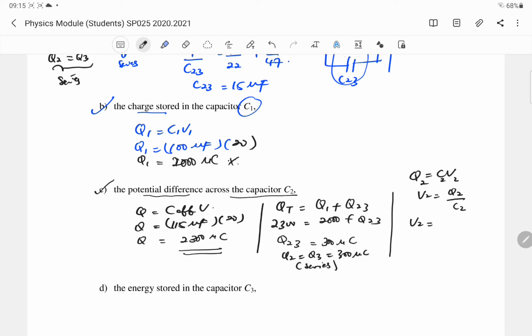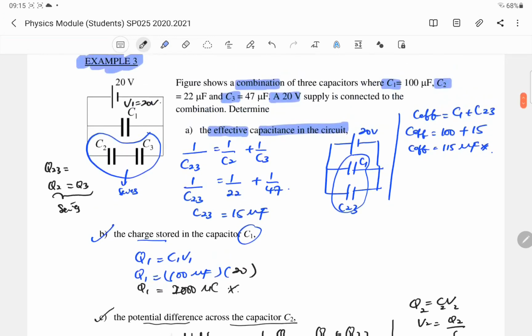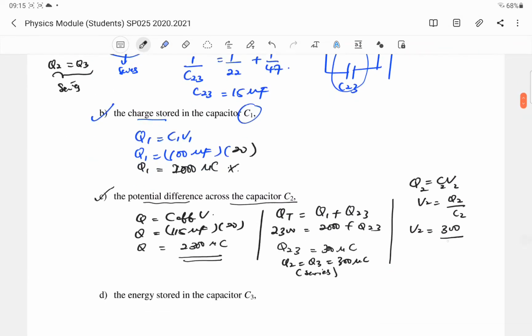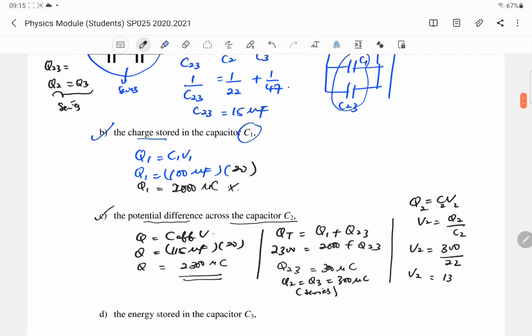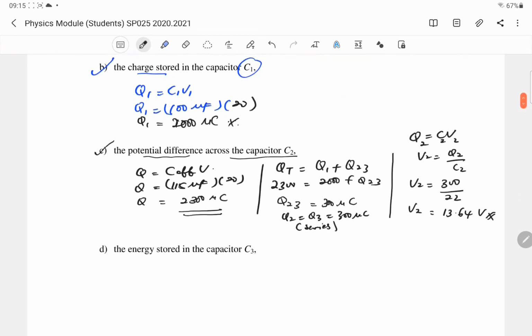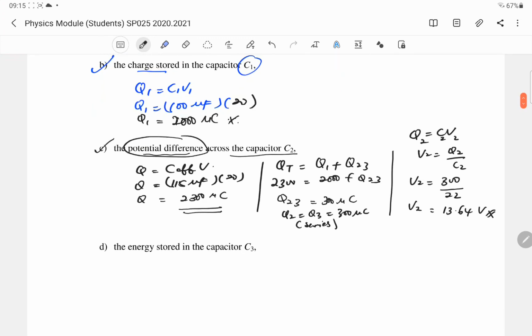Okay, so 300, C2 is what just now? C2 is 22. So V2 is equal to 13.64 volt. Okay, 13.64 potential difference across C2.